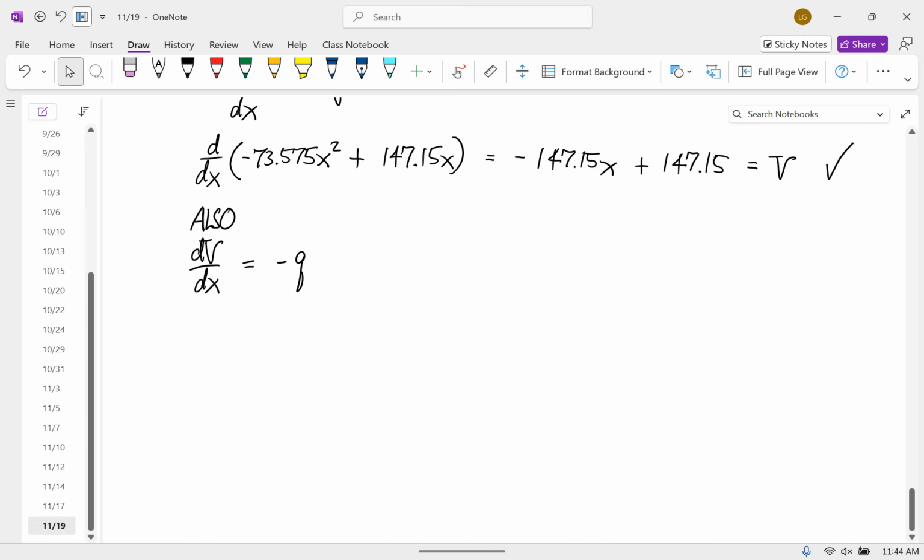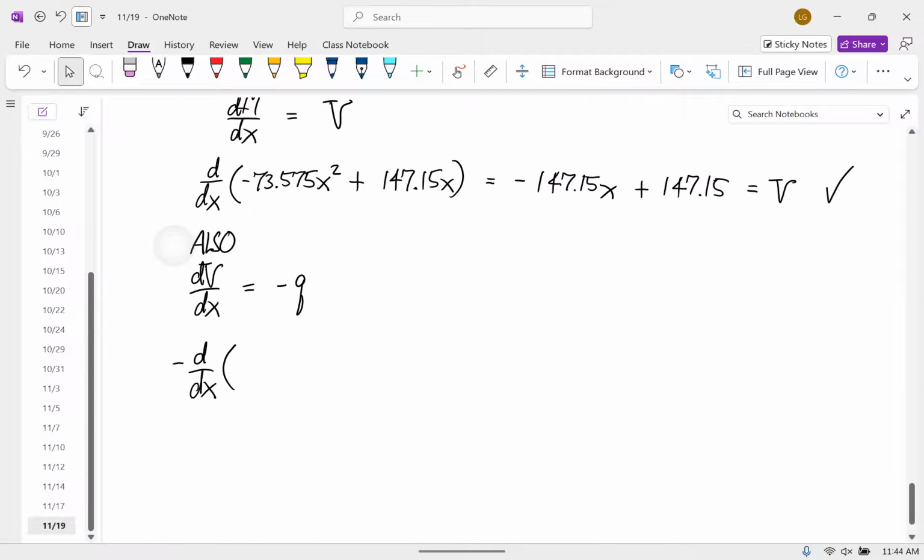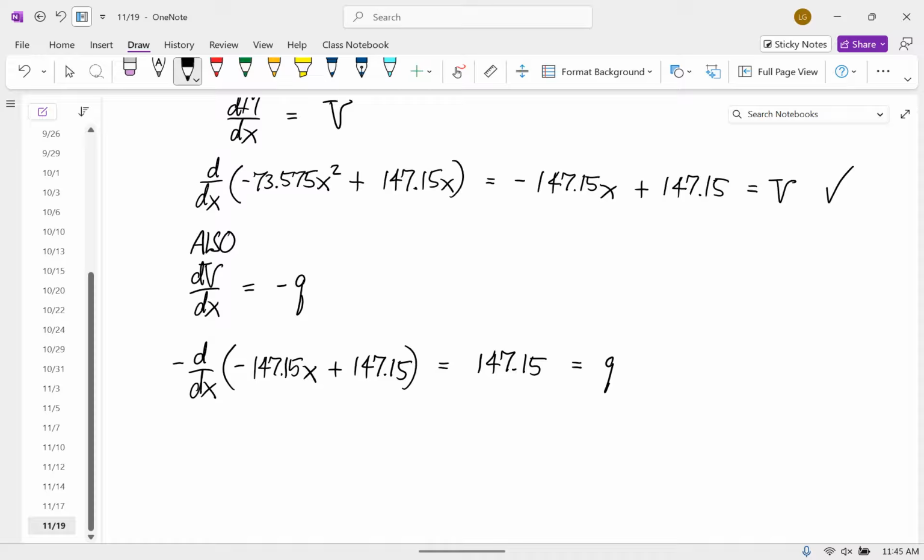So we'll go negative d/dx of the V function, which is equal to positive 147.15, and that's equal to q. And so if both of those derivative checks work out, then you're more confident in your answer.